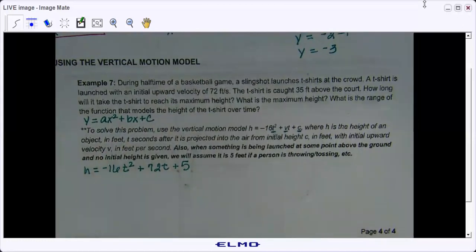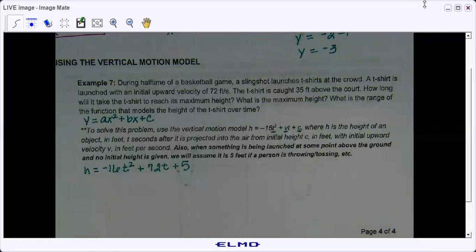Okay. There's two ways that we can find this. We can find it using the vertex for the axis of symmetry formula, or we can plug in 35 here and try to solve. But if we were to plug in 35 here, it's very difficult because we have a t squared and a t. So we're not going to do it that way.